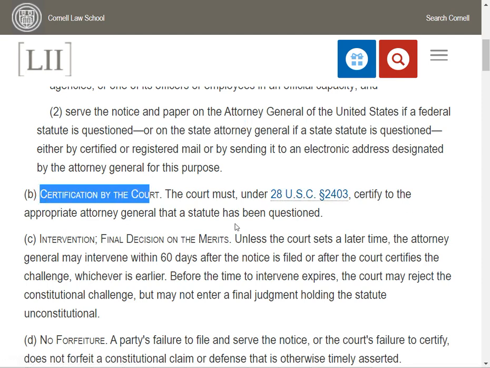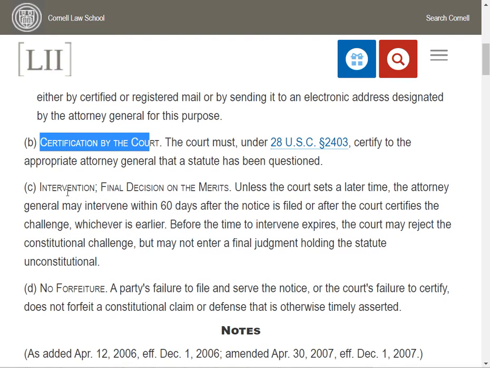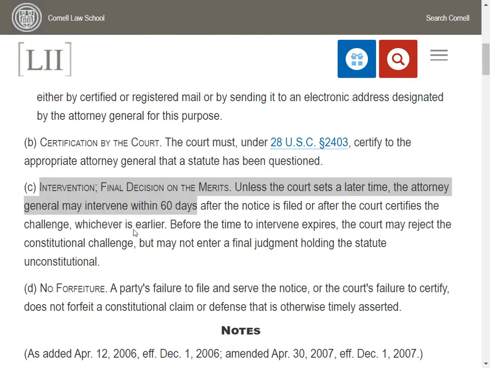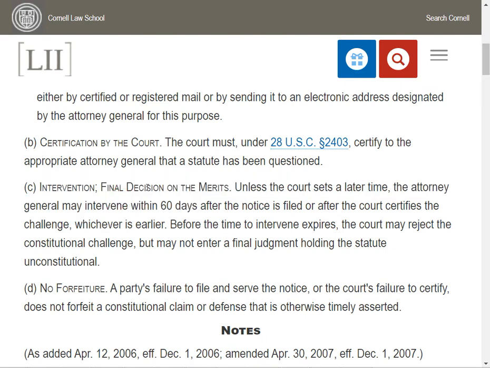The court must certify to the appropriate Attorney General, state or federal, that a statute has been questioned. And then intervention, final decision on the merits unless the court sets a later date. The Attorney General may intervene within 60 days after the notice is filed or after the court certifies the challenge.